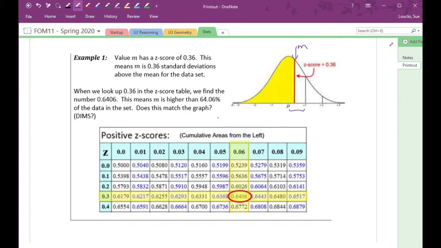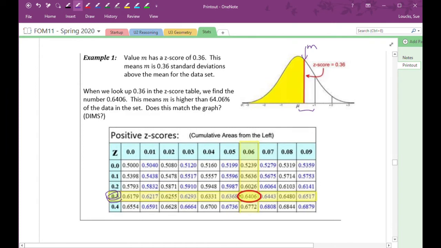This table here is a snippet from a Z-score table, and it's showing you how you read the Z-score table. The numbers along the first column and along the top of the table are your Z-score numbers, and you go down first. So this is where you find the 0.3, right there, and so it's going to be somewhere on this row.